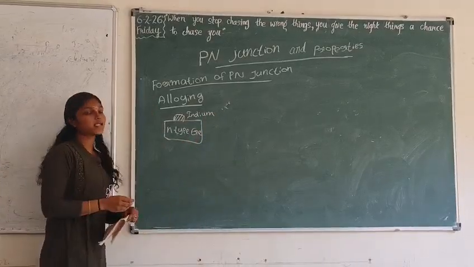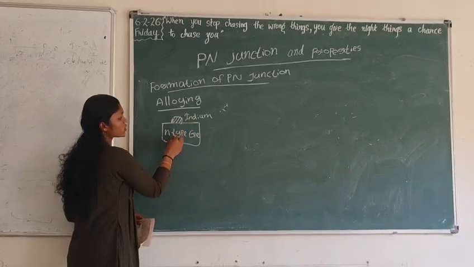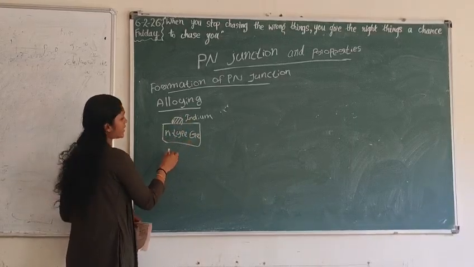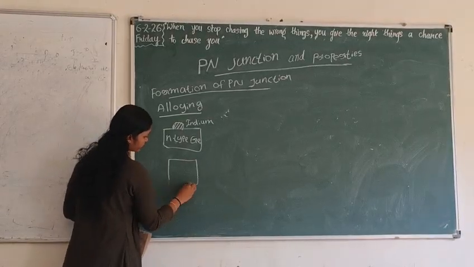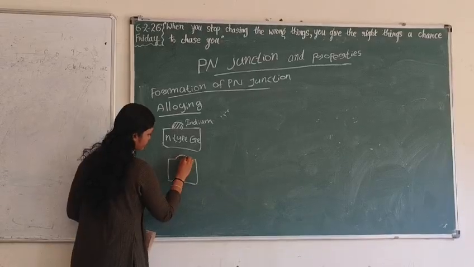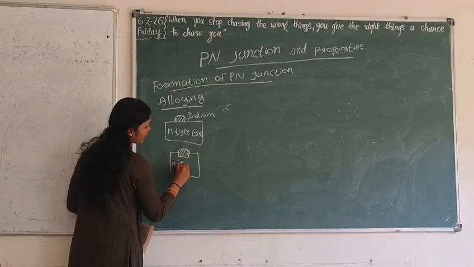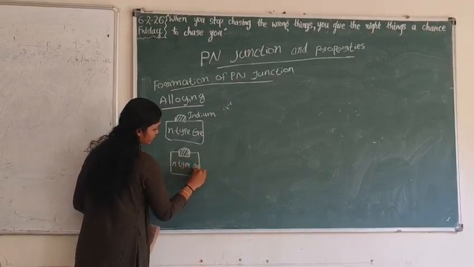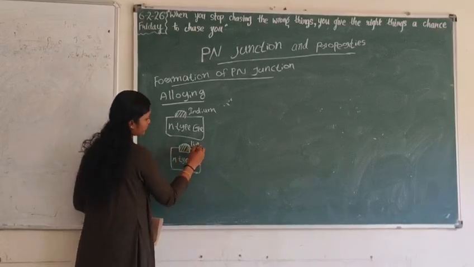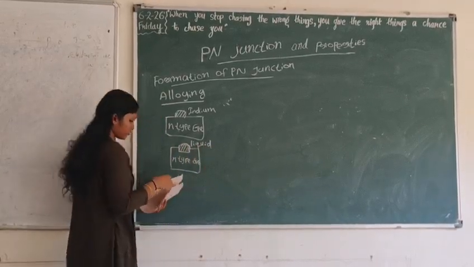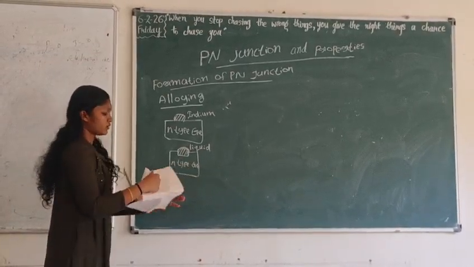When this system is heated to a temperature of 500 degrees Celsius, the indium and a small portion of the N-type germanium melt and form a small particle of indium-germanium mixture. This is the N-type germanium, and this is the mixture of indium and germanium.